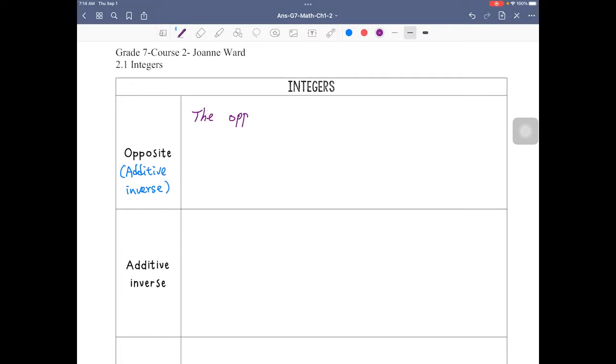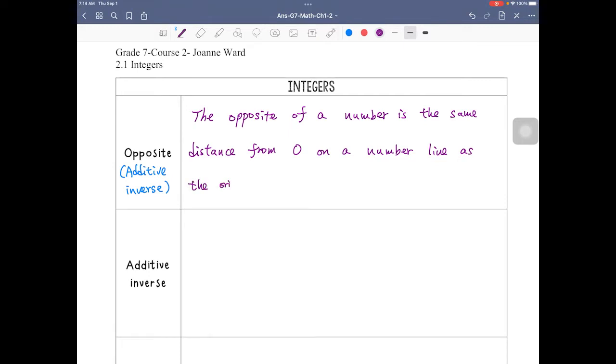So the opposite of a number is the same distance from 0 on a number line as the original number, but on the other side of 0.